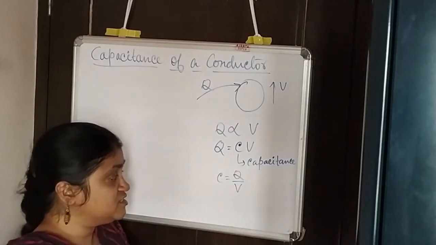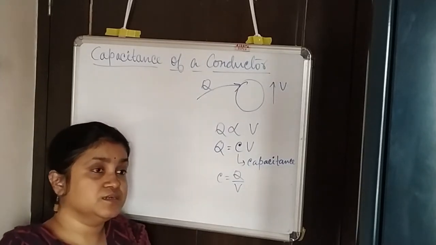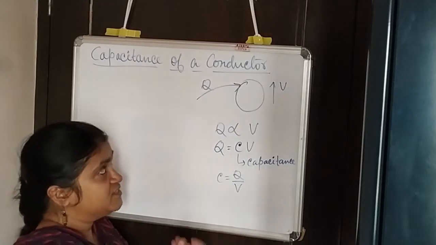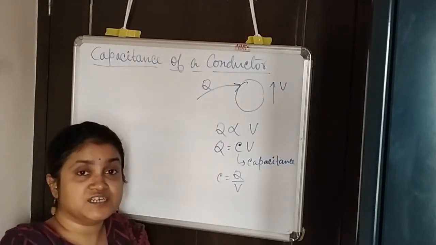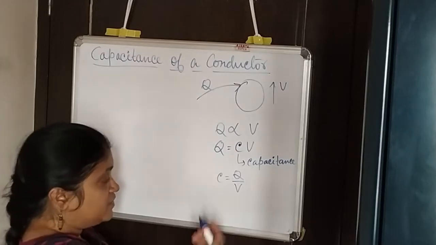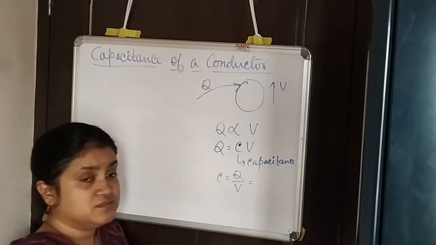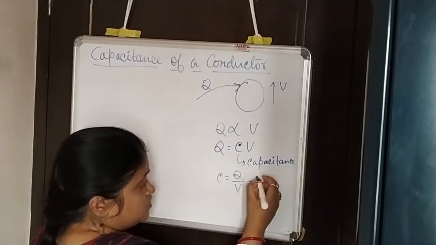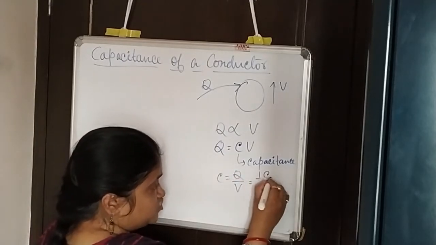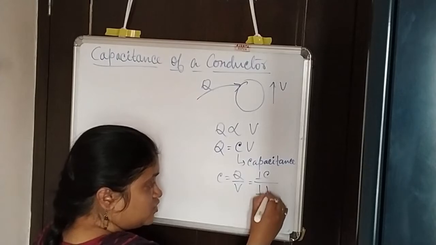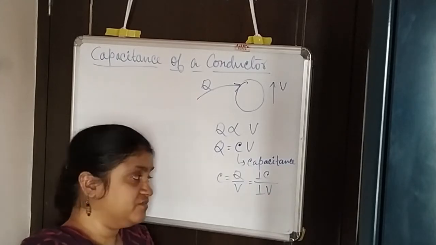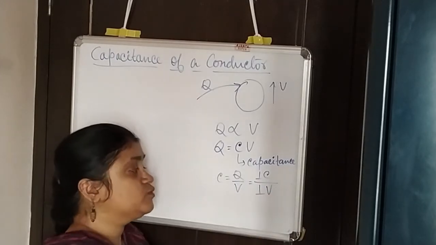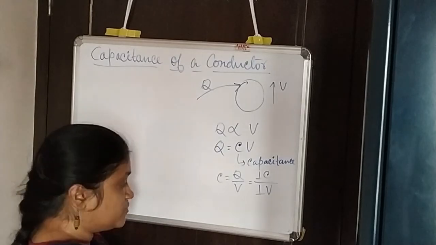So capacitance generally gives us the information as to how much of charge a conductor can hold, right? So if you just put its formulas, suppose I give 1 coulomb of charge and it has risen 1 volt of potential difference, then the capacitance would be 1 coulomb per volt.